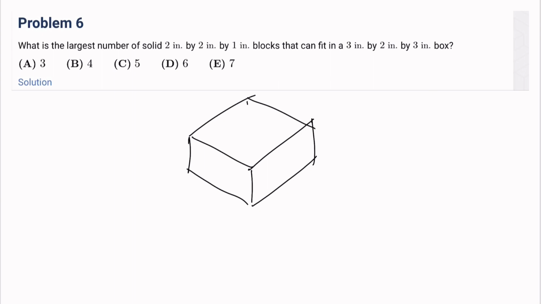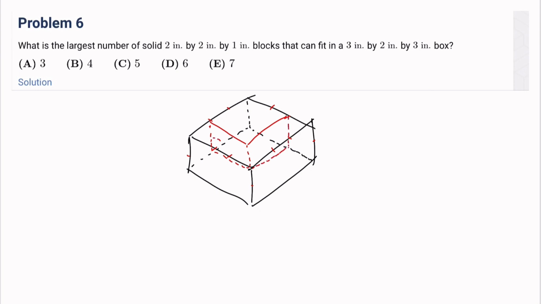It just matters that it's a box, right? So let's say this is our box. It's kind of laying on its side. So we have 3 inches here, and this is 2 inches, right? And so we can have 2 boxes right here, like that.